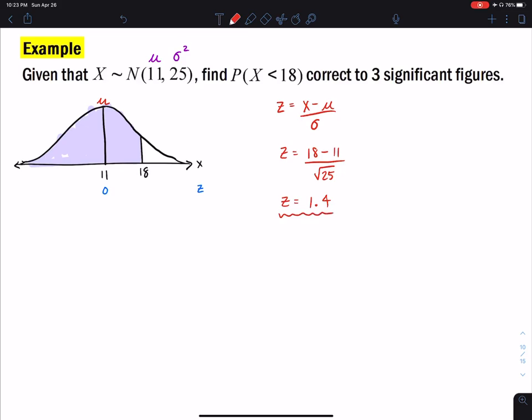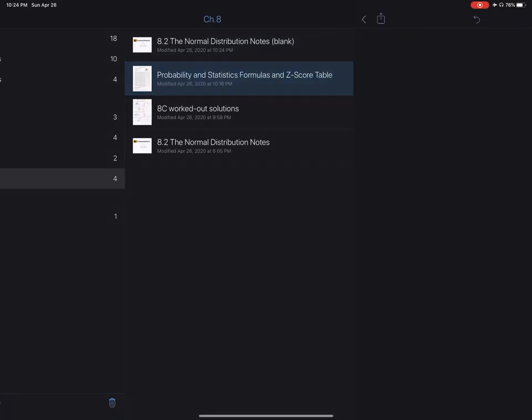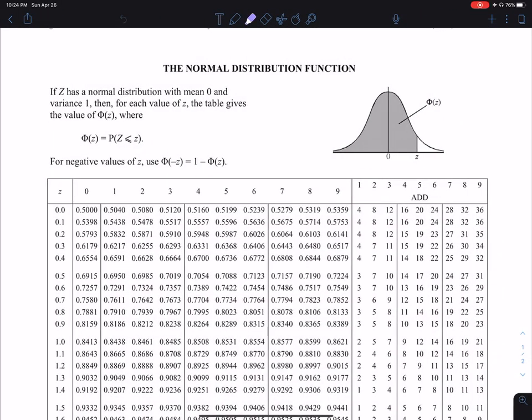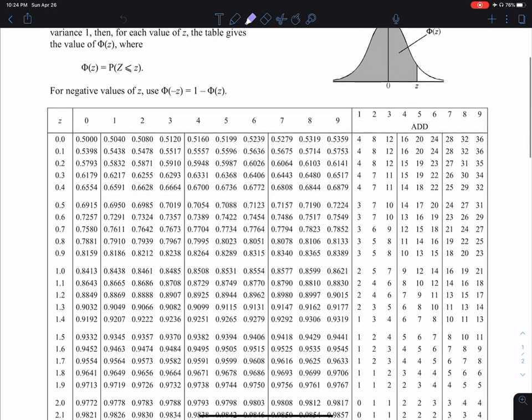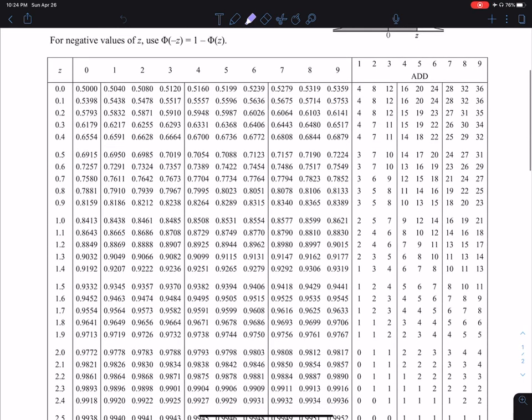So what you guys do next is you look at that crazy complicated probability distribution table, okay? And I'm going to scan over to it real quick. We are looking for a z-score of 1.4. As I look on this table, I'm looking first of all in this column for 1.4.